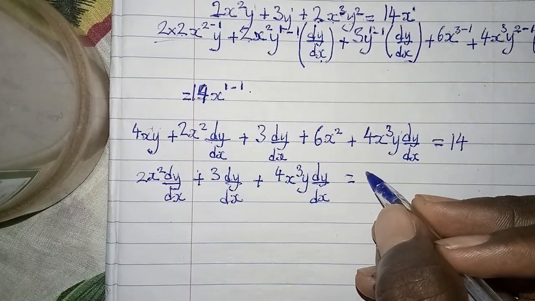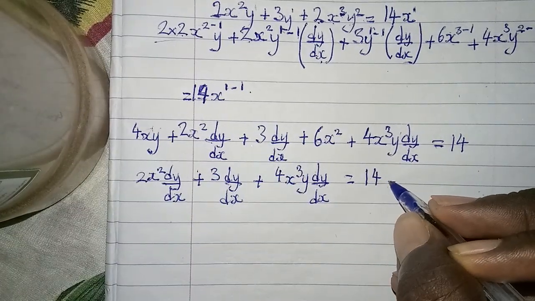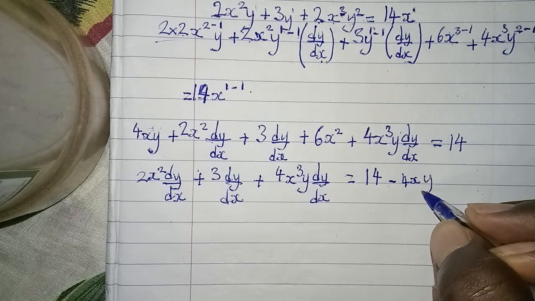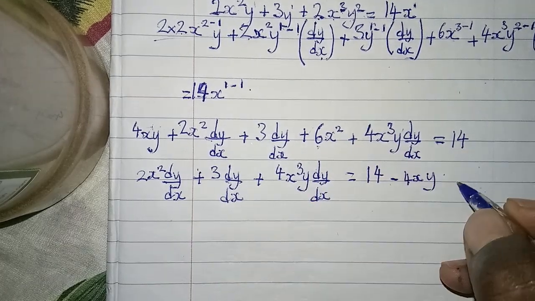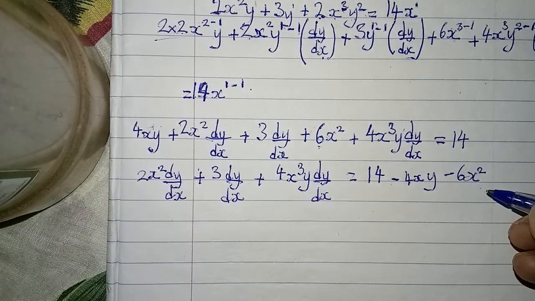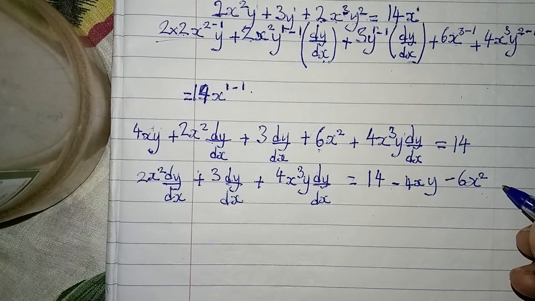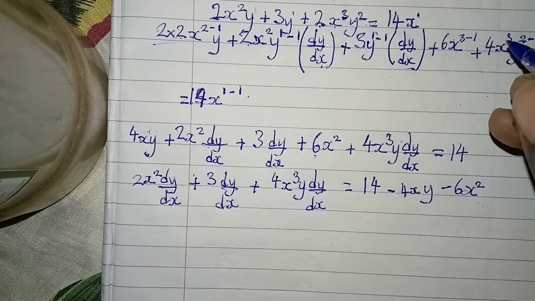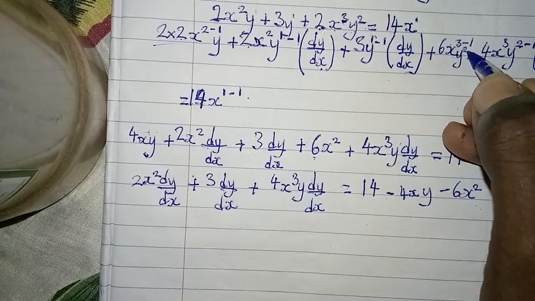We are going to get, let's bring our 14 minus 4xy minus 6x squared. No, here there should be a y squared. So here's y squared.